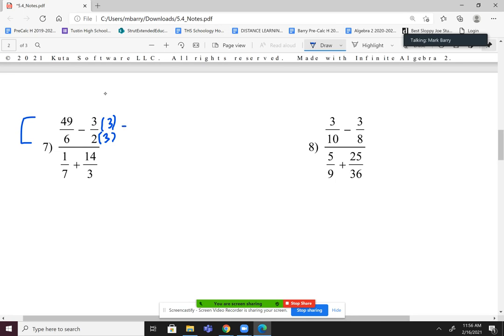So that's going to turn into 49 over 6 minus 9 over 6, which would be 40 over 6, which I could then reduce to, since they're both even, I can divide them by 2, so that would be 20 over 3.